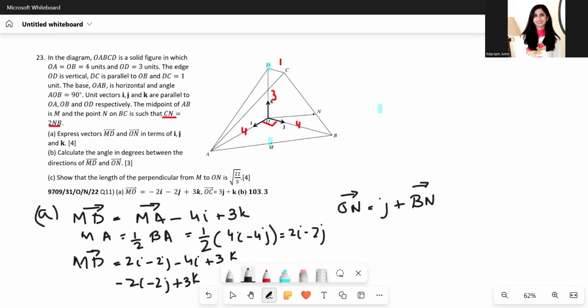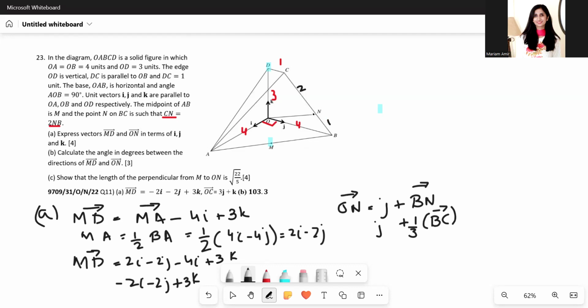That means if this has one part, then that has two parts. CN is double of NB. Using that, BN is 1/3 of BC.